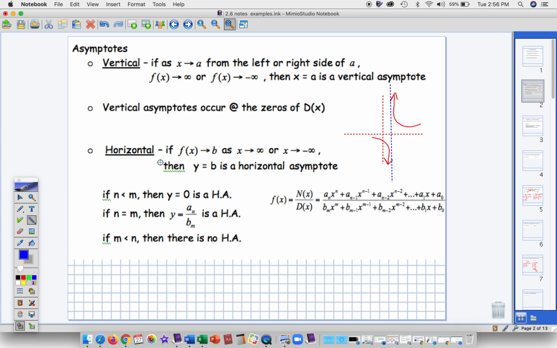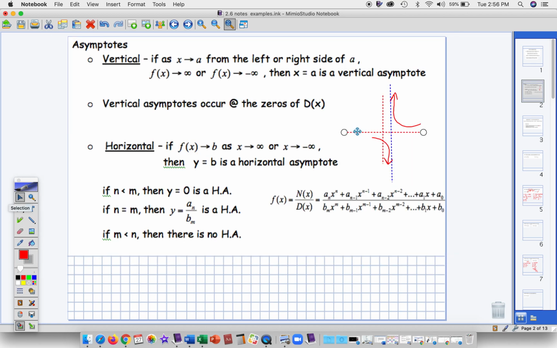For horizontal asymptotes, if f of x approaches b as x approaches infinity or x approaches negative infinity, then the line y equal to b is a horizontal asymptote. So right here, we could use this dashed red line as an example.